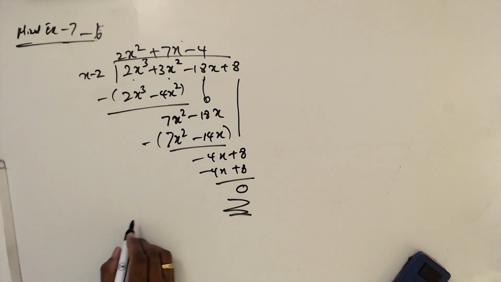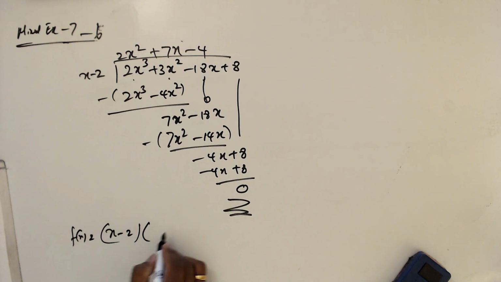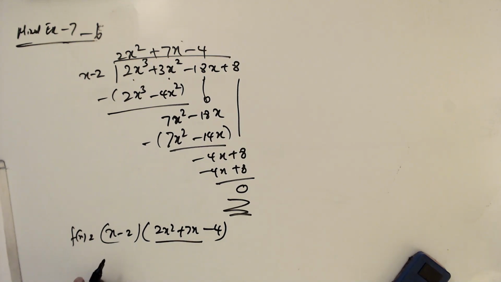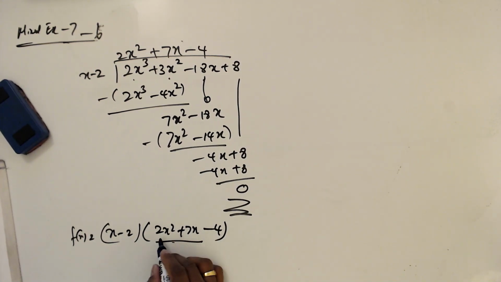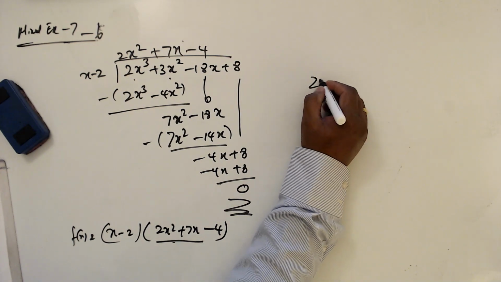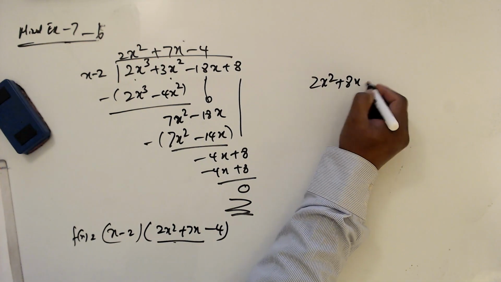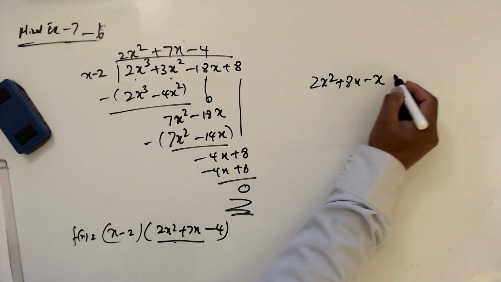Now this fx equals x minus 2 times 2x square plus 7x minus 4. Now I'm not sure whether this is going to factor out as well. When I look at this one, I can see that minus 4 times 2 is minus 8, so 2x square minus 8. I can write in terms of plus 8x minus x minus 4.